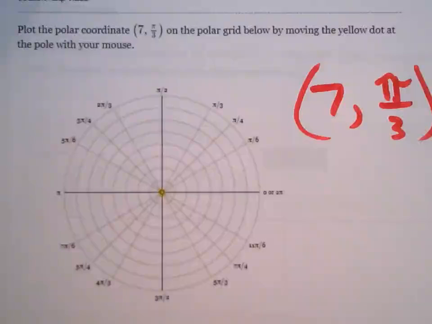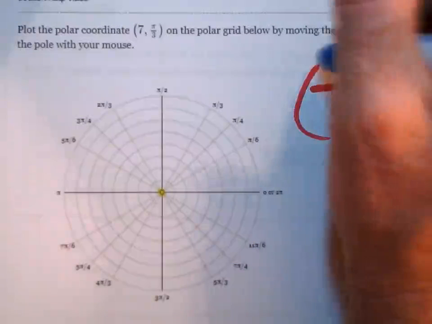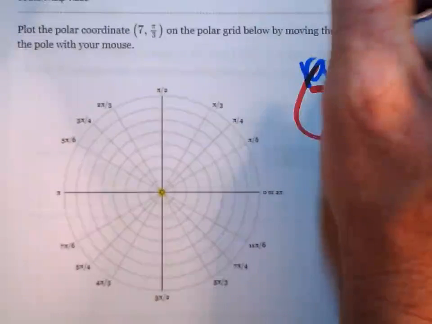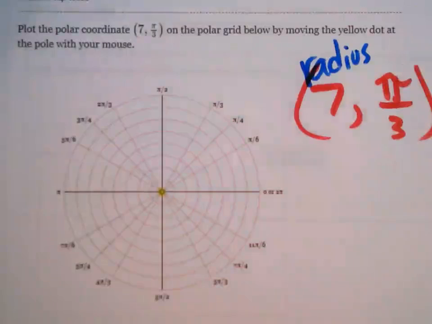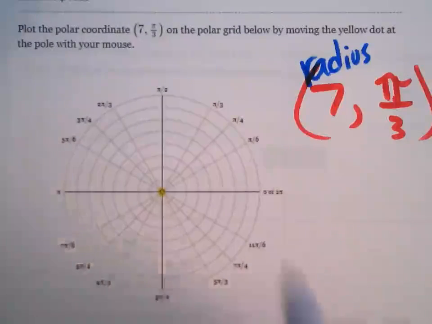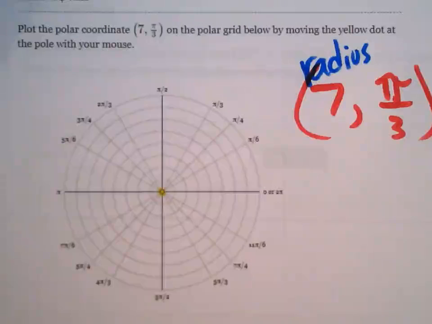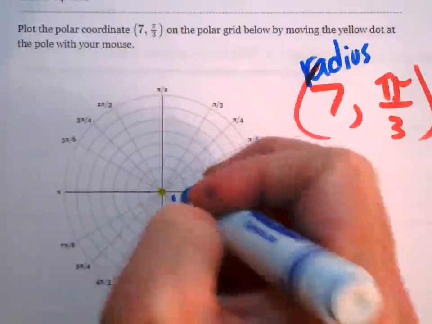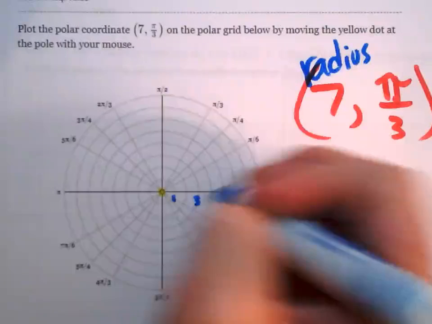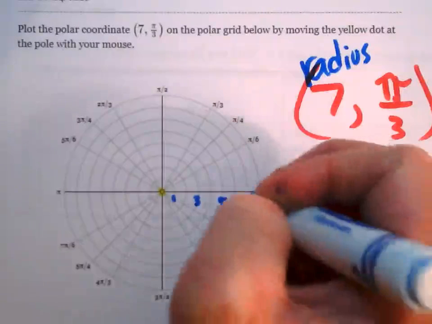So how we do this, we have the 7 represents the radius length. So you'll see these concentric circles that are going around. So we have a 1, I'm going to skip to 3, 5, 7.